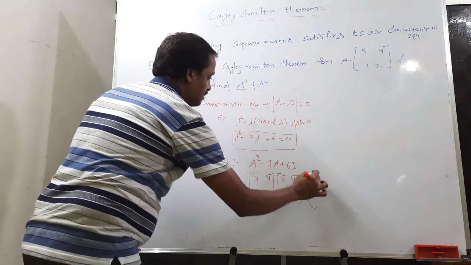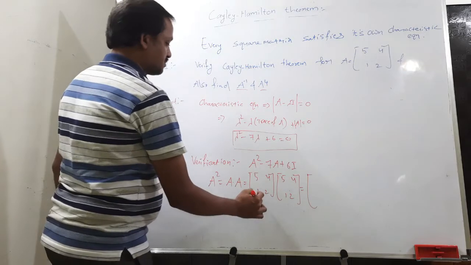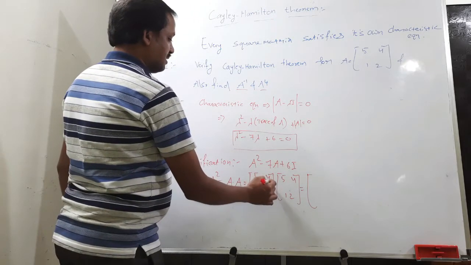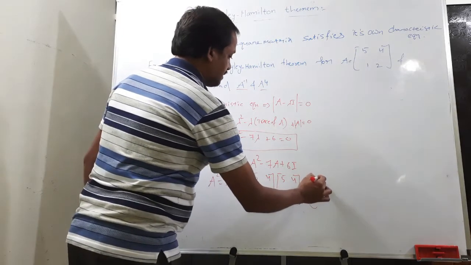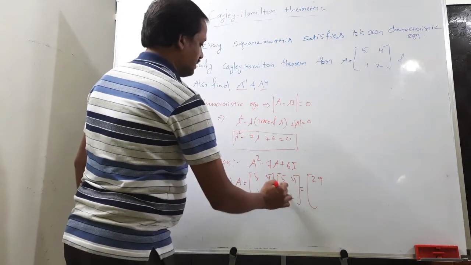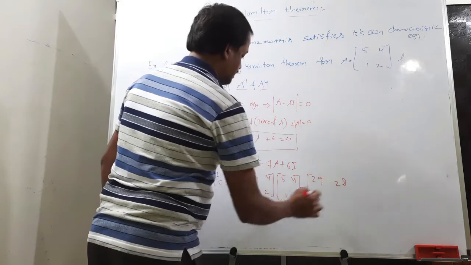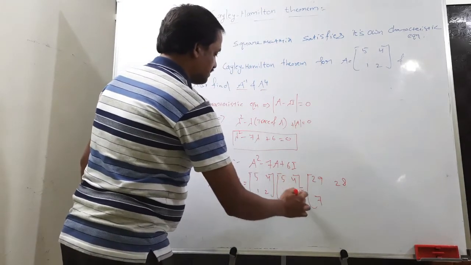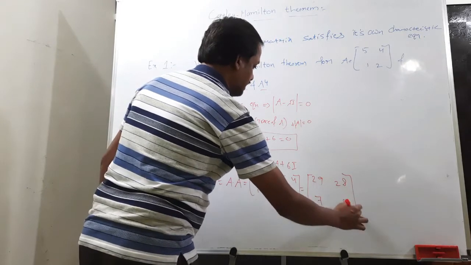is equal to, so both are 2 cross 2 matrices, so finally we get 2 cross 2. 5 5 is 25 plus 4, 29. 5 4 is 20 plus 8, 28. 5 plus 2, 7. Here 4 plus 4, 8. This is A square.